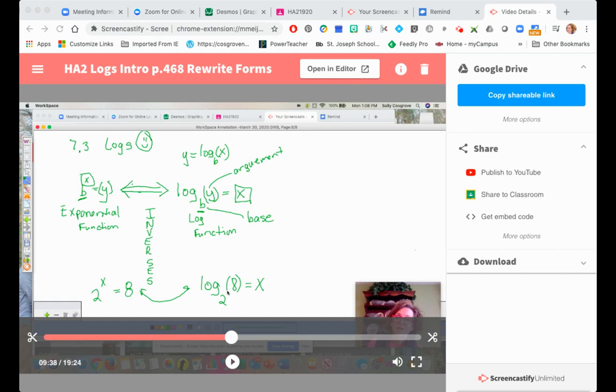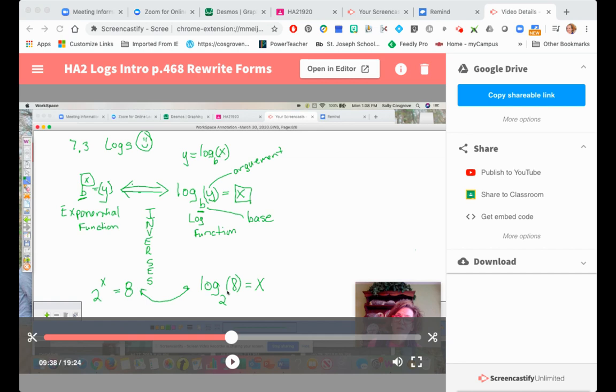So log base 3 of 81. So let's think in our minds, because later on I'm going to show you how you can do this. You'll be able to put this in your phone or do what you need to do. But let's think about the exponential form, and let's rewrite it.